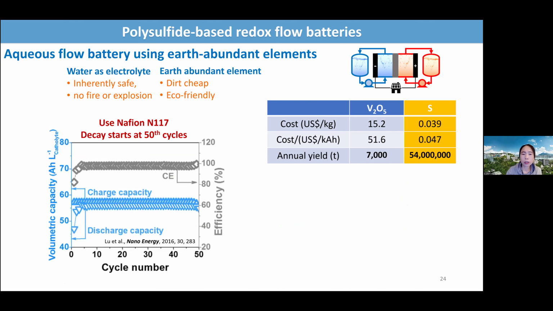But one of the most critical challenges for polysulfide flow battery is the lifetime. So you can see back in 2016, using the commercial Nafion membrane, we were able to only cycle for 50 cycles.